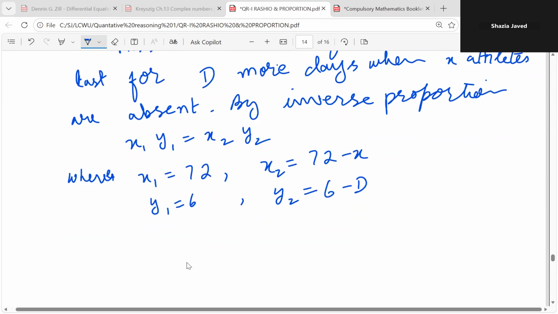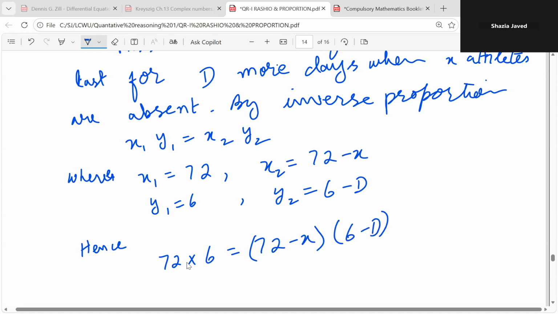Using the relation, the product 72 multiplied by 6 is equal to 72 minus x multiplied by 6 minus d.